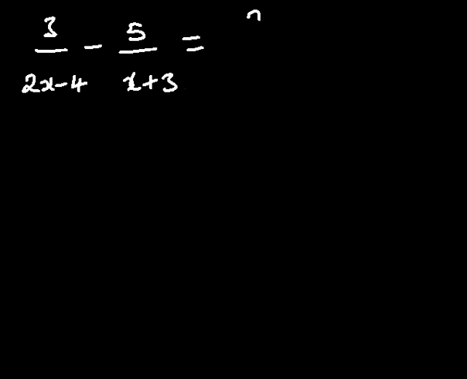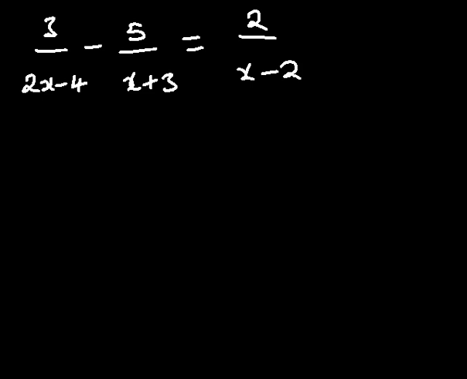Let's say we have something like this. What if we have 3 over 2x minus 4 minus 5 over x plus 3, which is equal to 2 over x minus 2?